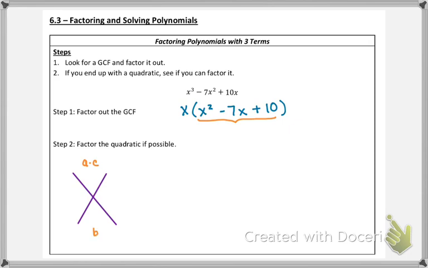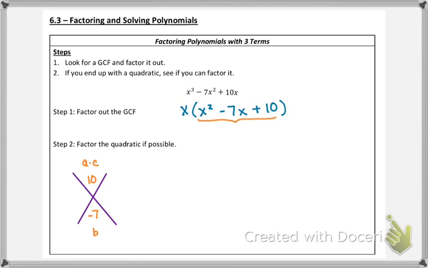So in this case, a is 1, right? 1x squared, the coefficient is 1. And a quadratic is always in the form ax squared plus bx plus c. So in this case, we've got a times c as 1 times 10, which is 10. And b is negative 7.